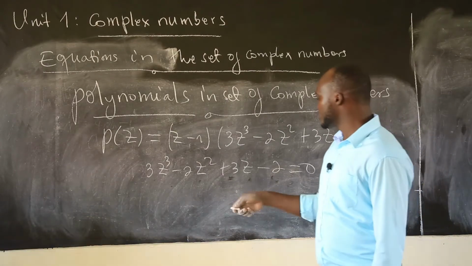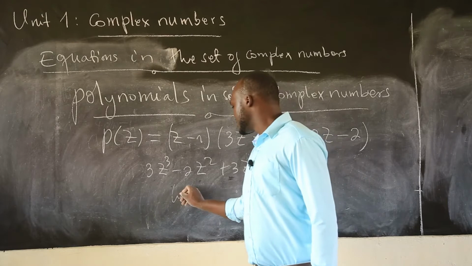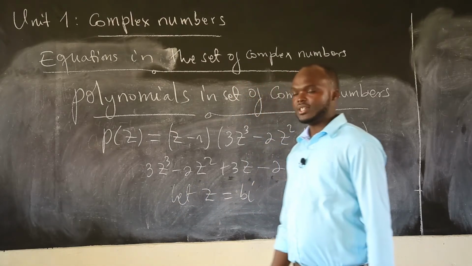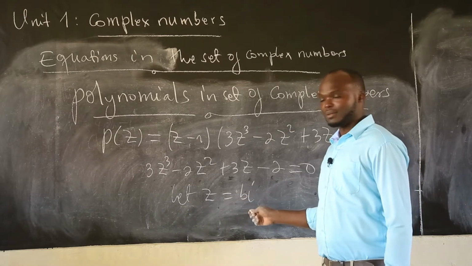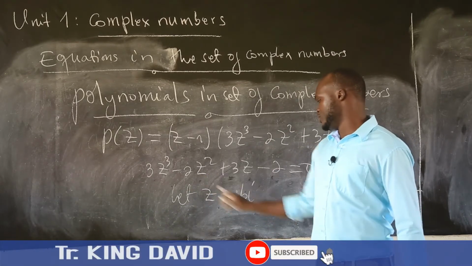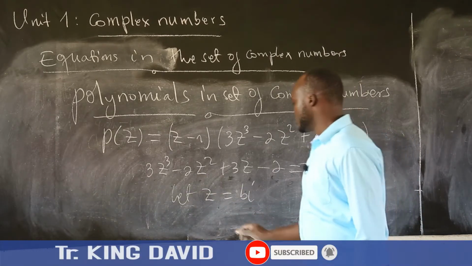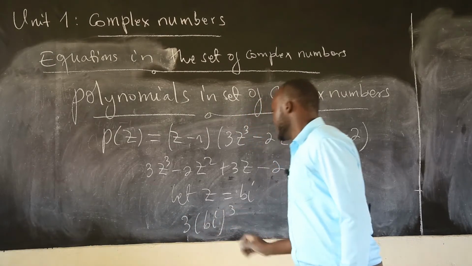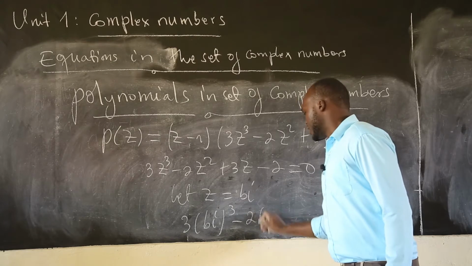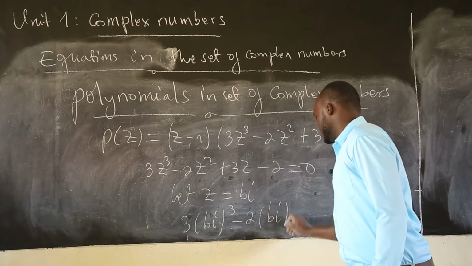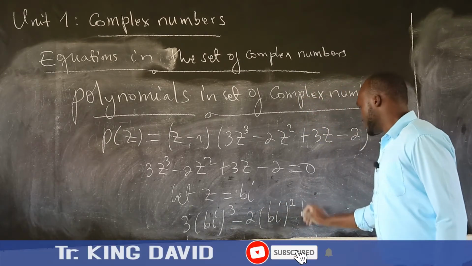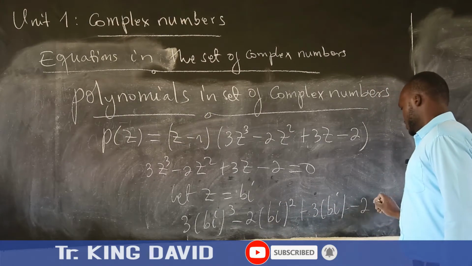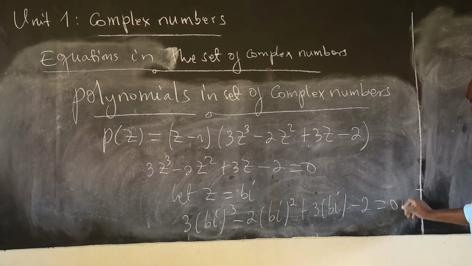So to get another root, you let z be bi. Where there is z, you use bi. So it will be 3 into (bi)^3 minus 2 into (bi)^2 plus 3 into (bi) minus 2 equal to 0. This is like 0 plus 0i.